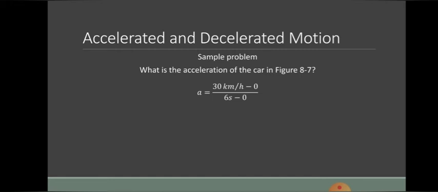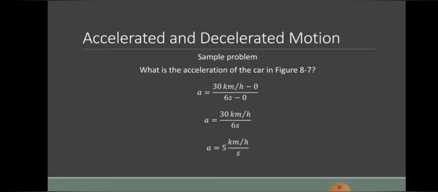Then it started at 0 seconds, of course. So, 6 seconds minus 0. Therefore, the acceleration of the car is 30 km per hour minus 0, which is 30 km per hour, over 6 seconds minus 0, which is 6 seconds.